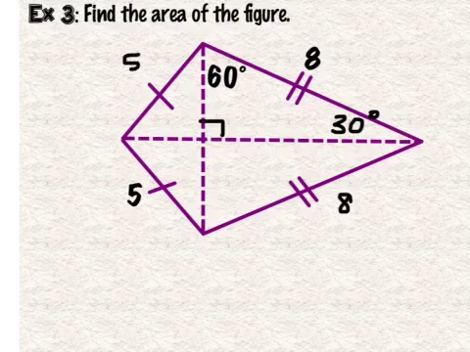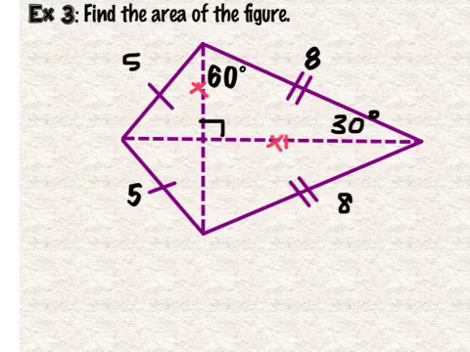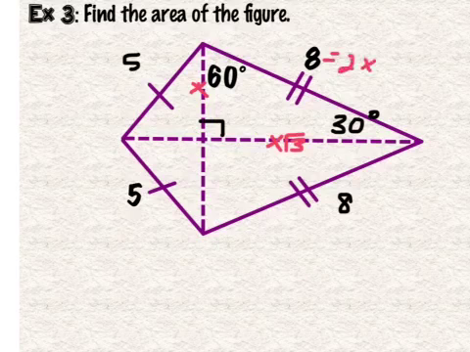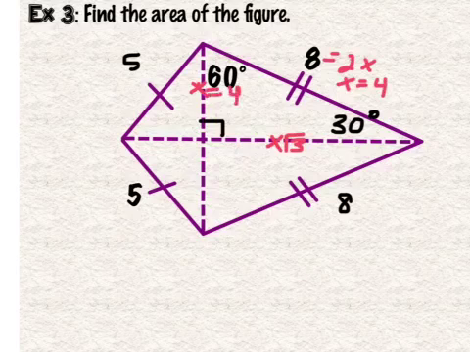And looking at my 30, 60, 90, I can solve for some portions of my special triangle. I know this length is x across from the 30. I know across from the 60 is my x root 3. And I know across from the 90 is my 2x. So if I solve for x, I get x is 4, meaning this portion of the diagonal is 4.